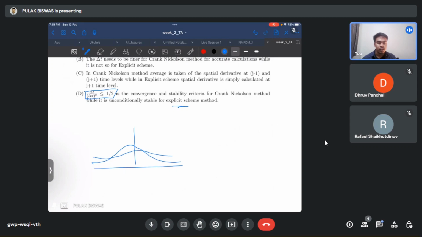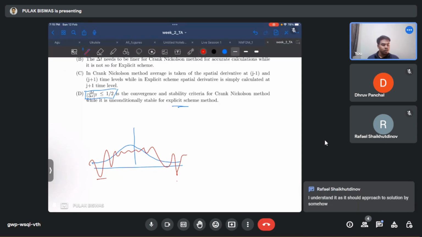But if your scheme is unstable, it may begin to oscillate. Oscillation is seen when the scheme is unstable. Your result may also go negative. So when your scheme is unstable, you can see oscillations in the result.